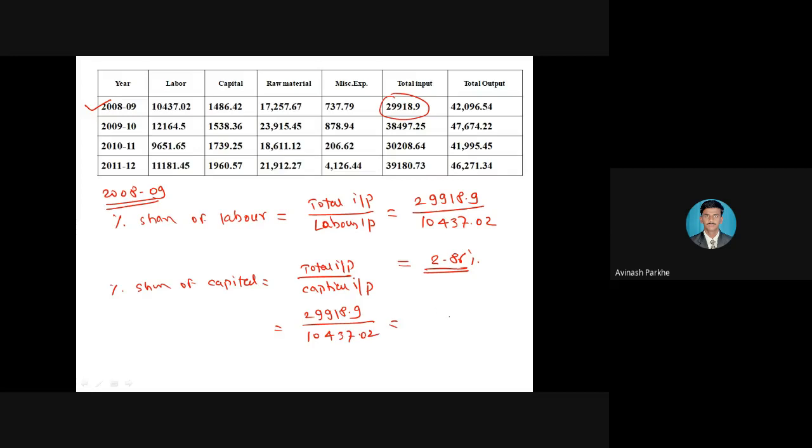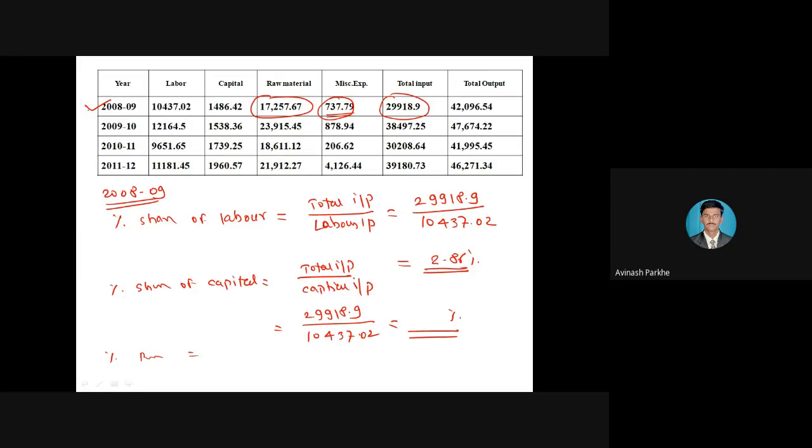Again I do the calculation and you will get another percentage. Similarly, third, the percentage share for the raw material, again 29918 divided by the raw material input, 17257. Again I calculate for the miscellaneous, total input upon miscellaneous input. Like that, I can calculate the percentage share of the respective inputs.